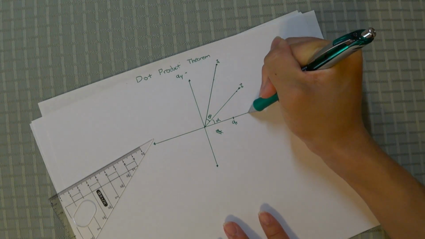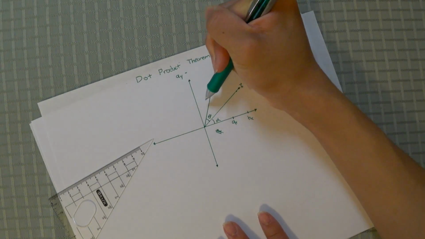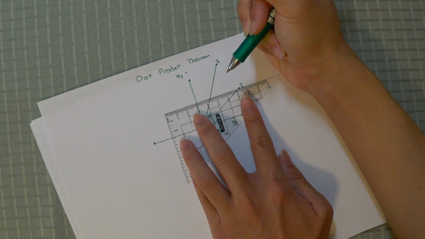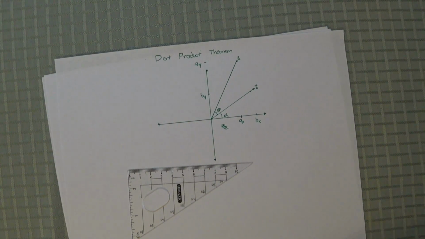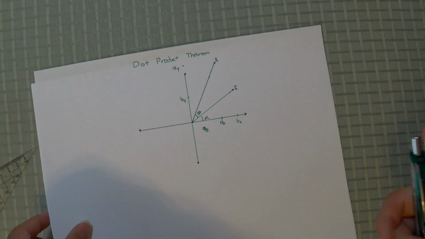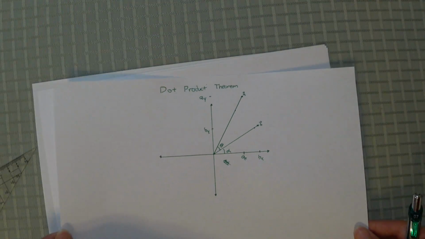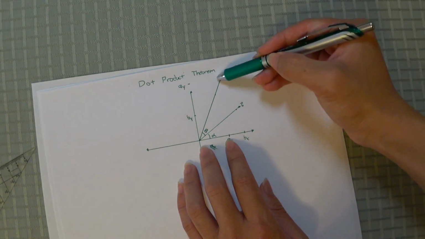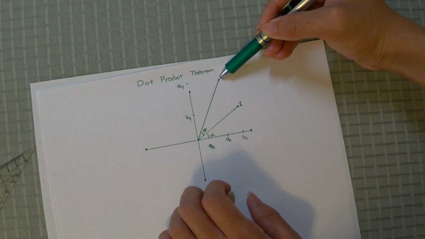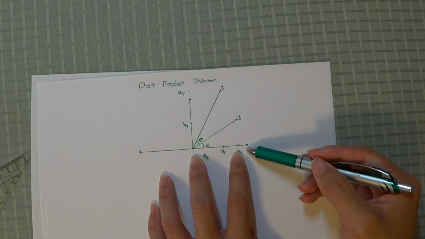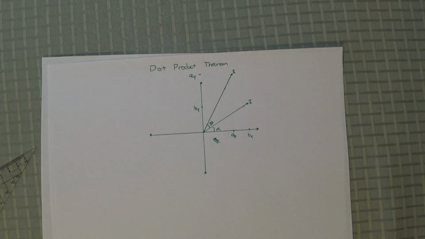And then let's just say BX is here, and then BY is here. So I'll bring this closer. So yeah, this is AX, which is the X component of A, and this is AY, which is the Y component of A, and then this is BX, which is the X component of B, and then this is BY, which is the Y component of B.